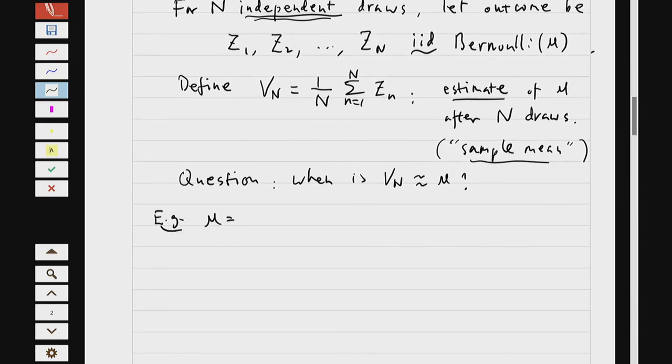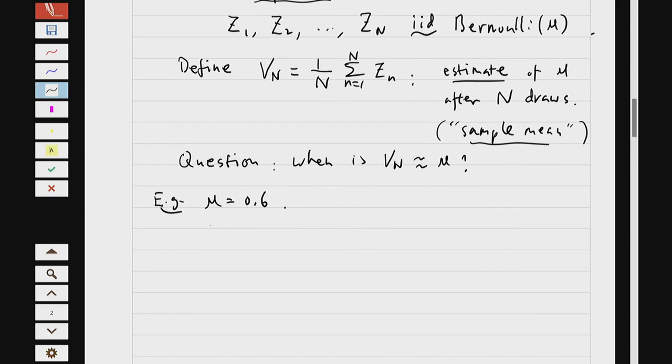Say mu is equal to 0.6, just the true mean, just a constant, not random at all. And then let's say the outcome of this draw is, let's say n equals 9, 9 draws. The first one is a red ball, green, green, red, red, red, green, green, red.